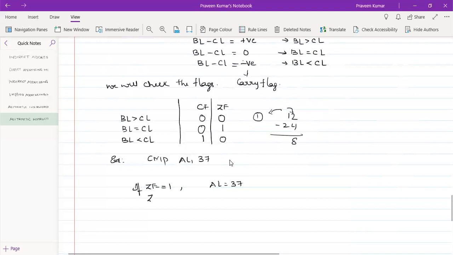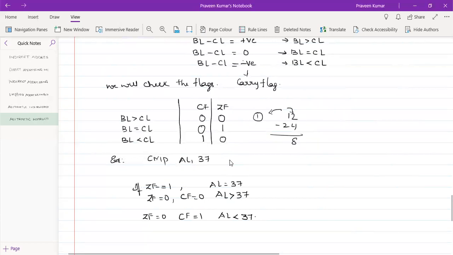If ZF is equal to 0 and CF is equal to 0, then AL is greater than 37. If ZF is equal to 0 and CF is equal to 1, then AL is less than 37.